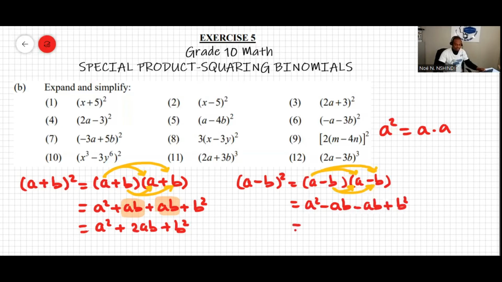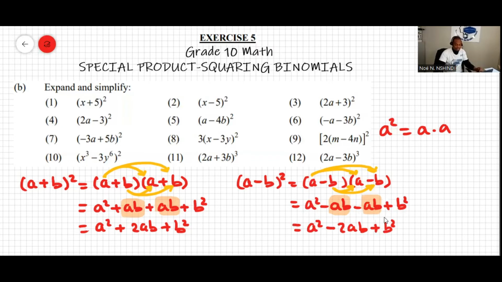Now we can simplify because we have like terms here, and this would be a squared. Negative ab minus ab is not 0. Careful here, this is negative 2ab plus b squared. You notice that these answers are similar.